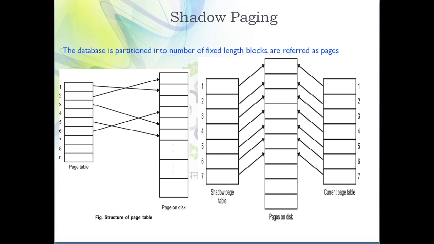So the page table will maintain the address where that particular page resides. So this is the shadow paging technique. Shadow means what? Duplicate. In order to explain this concept of shadow paging, I will give a simple example so that you will understand how shadow paging works in a database.